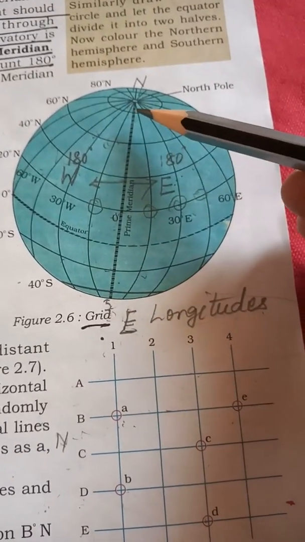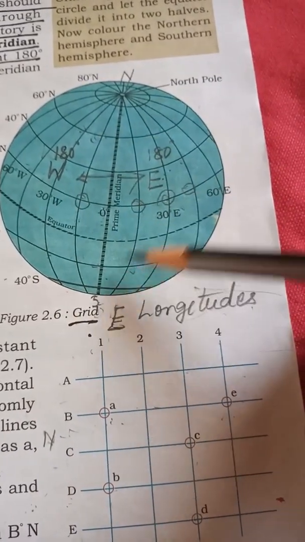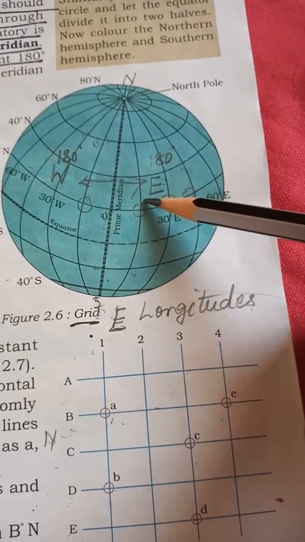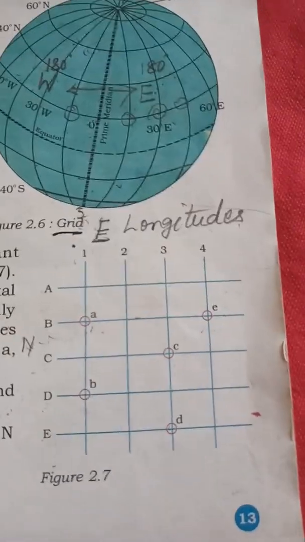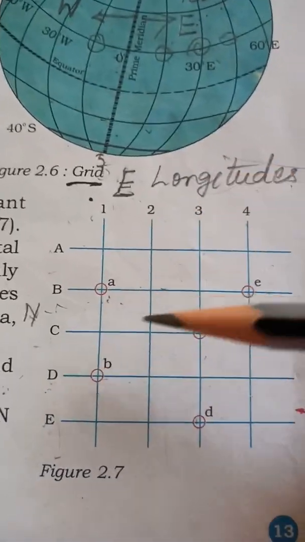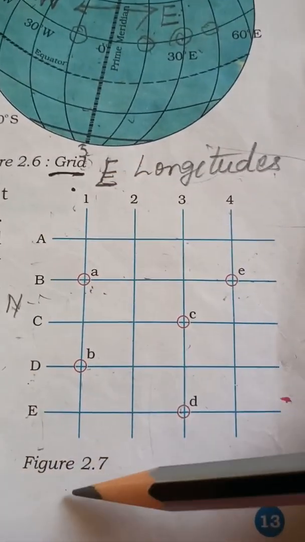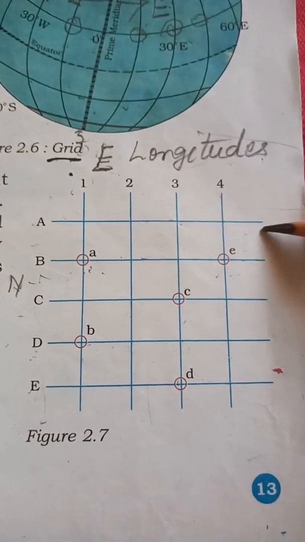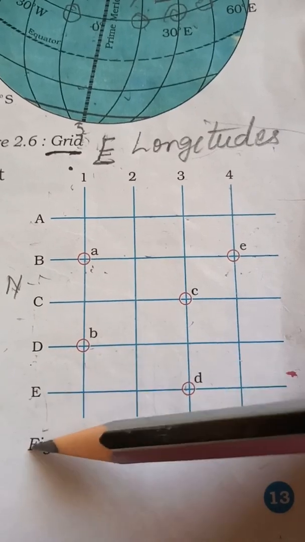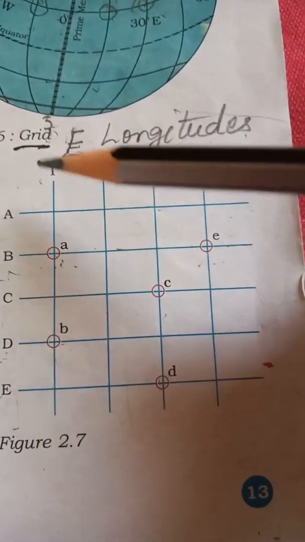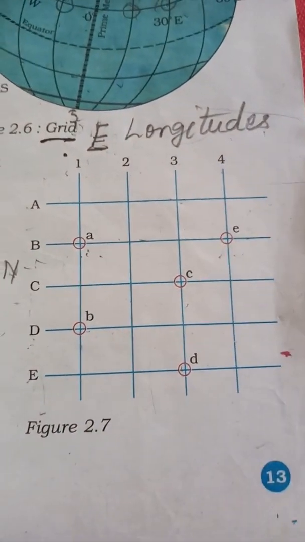So once you know the latitude and longitude of a place, you can locate it. How can you? Just see this diagram. If you draw a diagram like this, horizontal lines and vertical lines at equal distance, okay? Give the horizontal lines letters A, B, C, D, E and the vertical lines 1, 2, 3, 4, right?